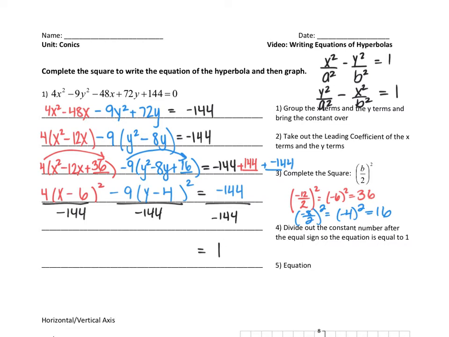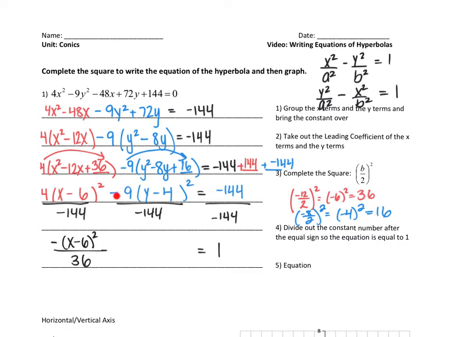And when I divide, we're going to divide these coefficients, so 4 by negative 144. And when you put that into the calculator, you're just going to get a simplified fraction of 36 on the bottom. So we can leave the negative, so it's negative x minus 6 squared over positive 36.